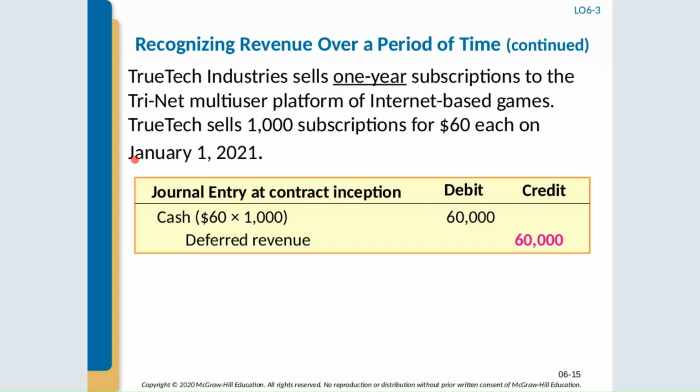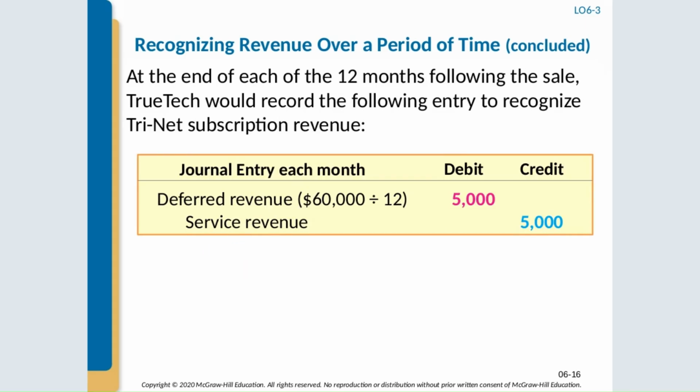So at the onset on January 1st, nothing has expired, so we have a deferred revenue. And if you recall, deferred revenue or unearned revenue is actually a liability. Okay, so we have a liability here. That means we have an obligation to provide the benefit of the subscriptions to our subscribers.